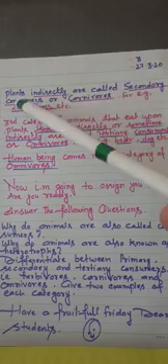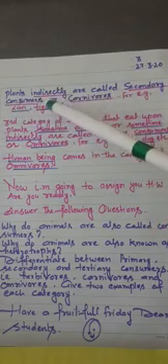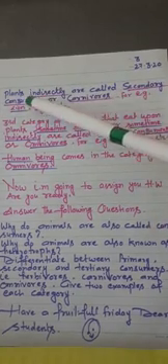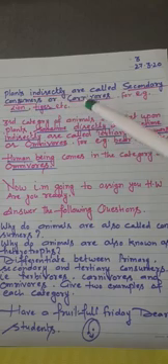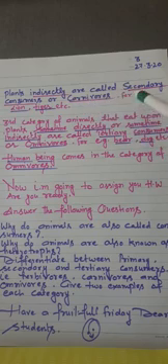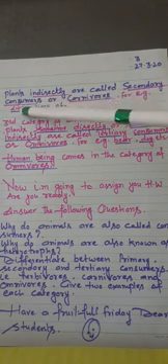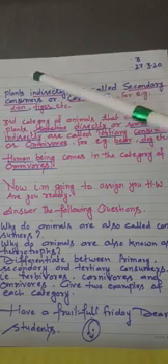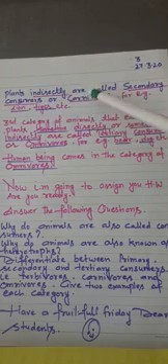For example, lion, tiger. As I already explained, how lion eats the plants through the deer. First of all, deer eats plants, and then that energy shifts to lion. So that's why they are called secondary consumers or carnivores.